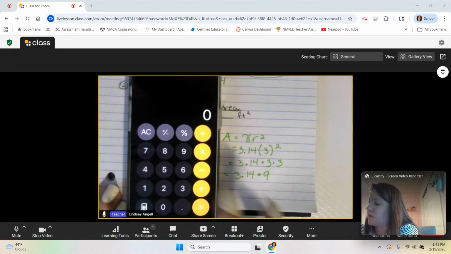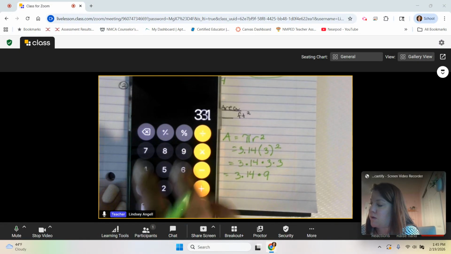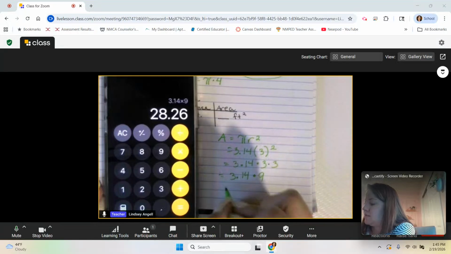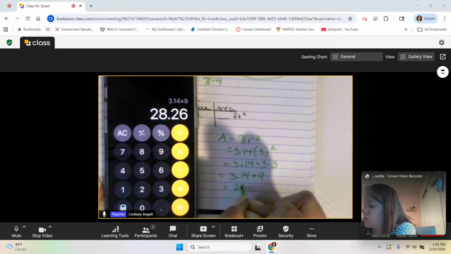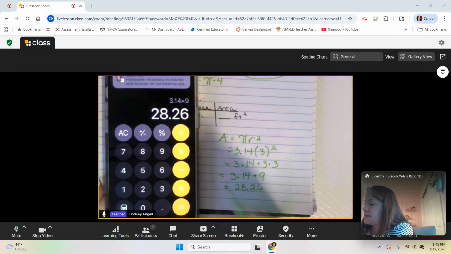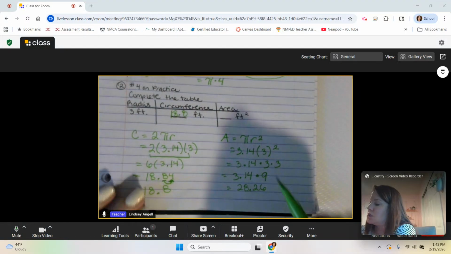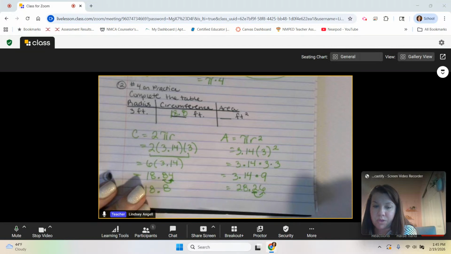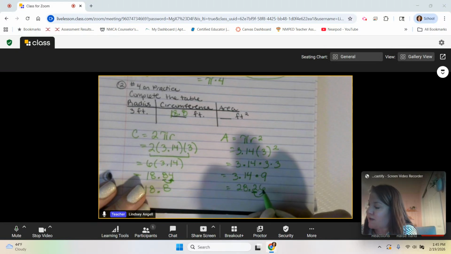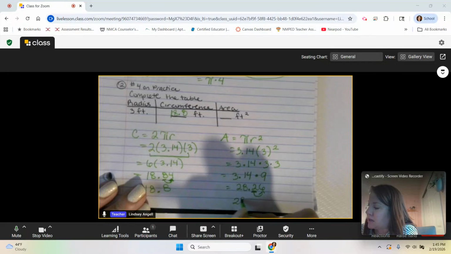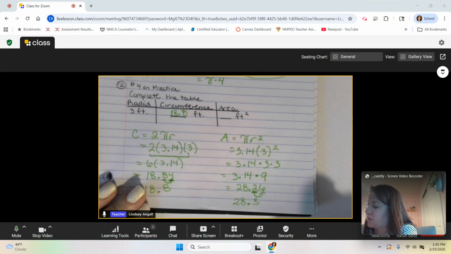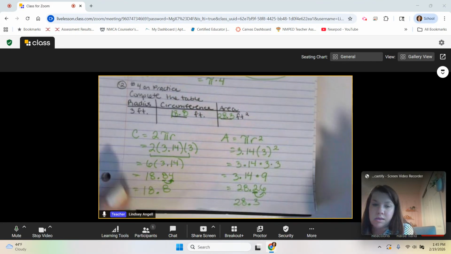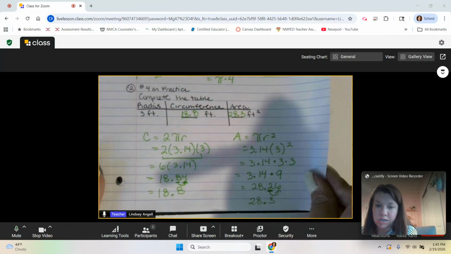So let's see, we've got 3.14 times 9 equals 28.26. Well, if I am going to my tenth place, I need to look to the right of it. Oh, it is 5 or higher, which means the 2 gets bumped up to a 3. So that would be 28.3. And that would be the completed chart.